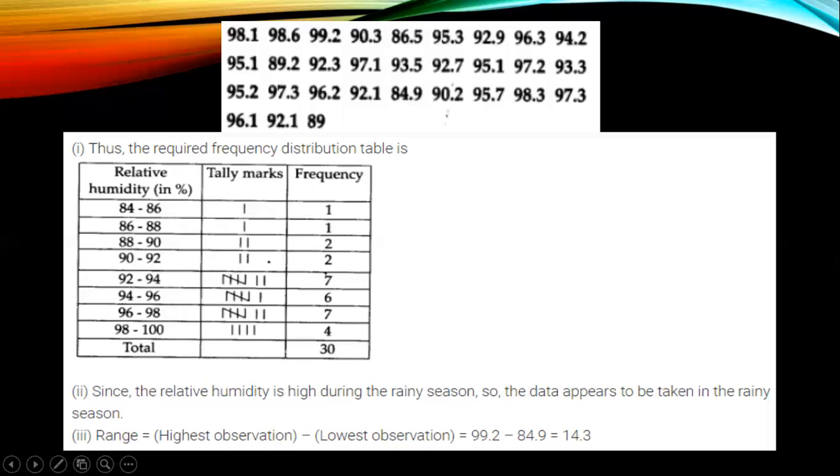Find the difference between them? Yes, the answer is 14.3. Therefore, we can conclude that the range of this particular data, that is of 30 days of humidity in percentage, is 14.3.